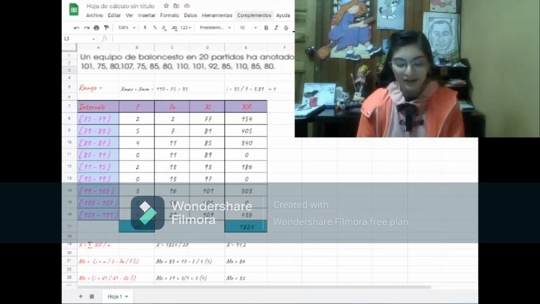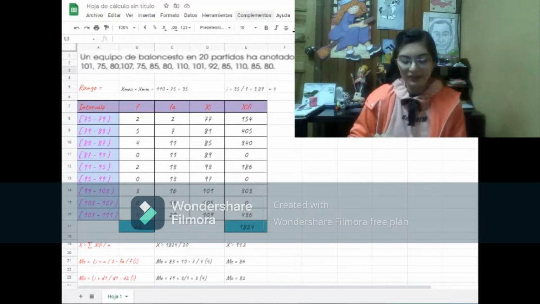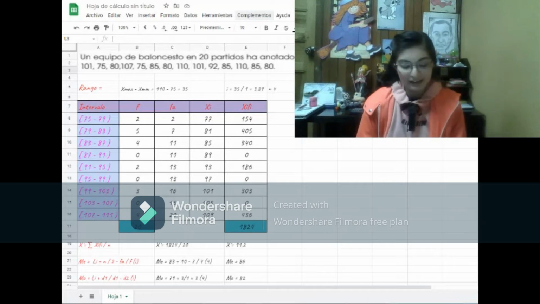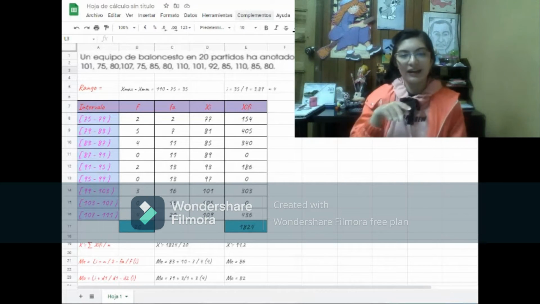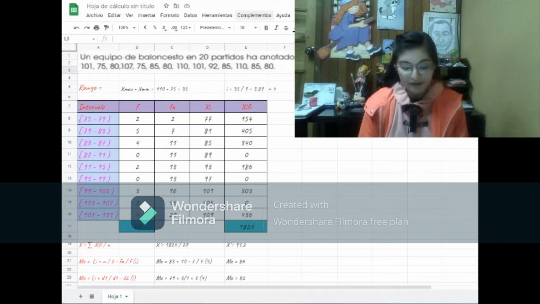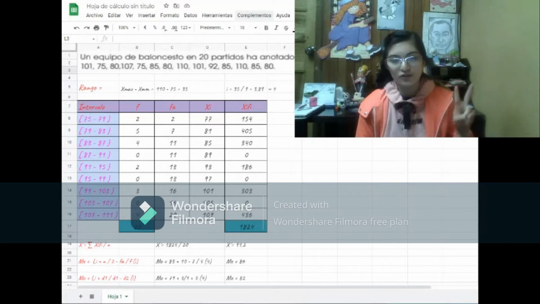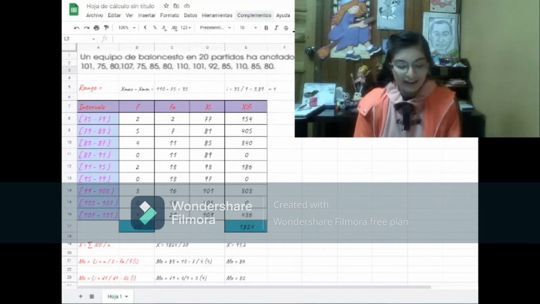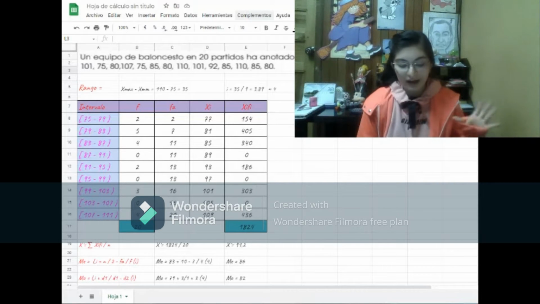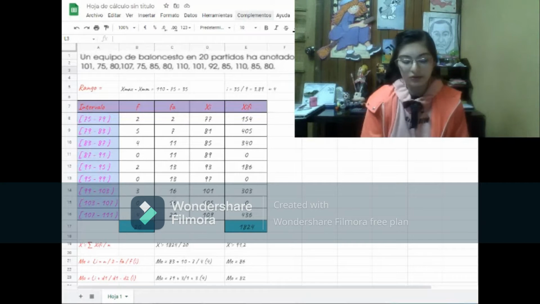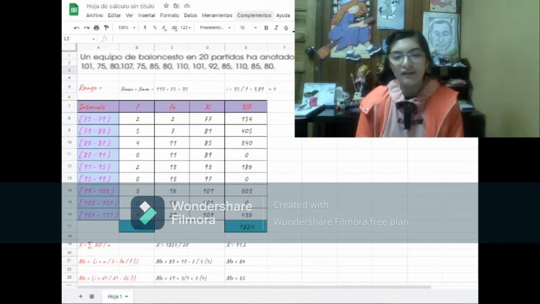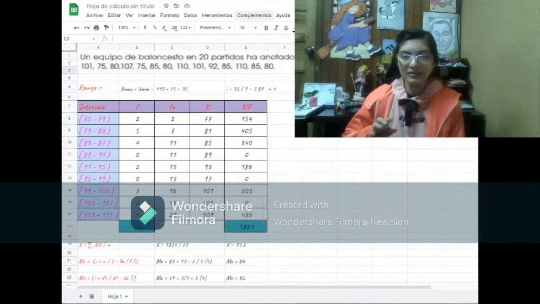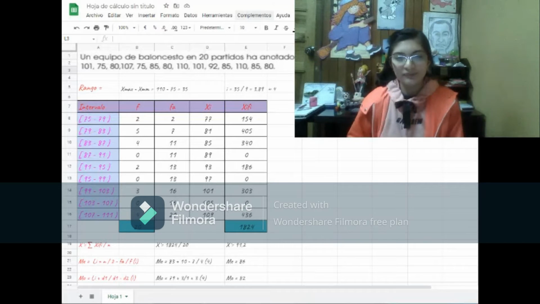The result is 4. So we have the intervals of 4 numbers, like we can see in the picture. For the first interval we have just two numbers, and for the others we have 5, 4, 0, 2, 0, 3, 0, 4, and we have a total of 20 numbers.